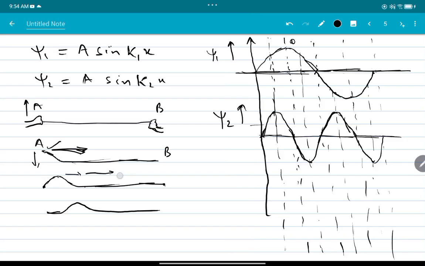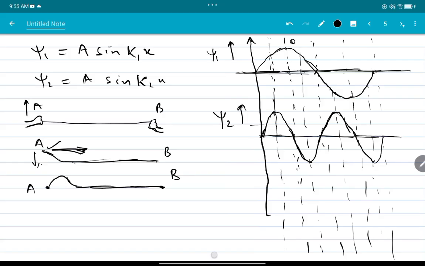Meanwhile, as the crust travels this way, when A is back at its position here and the crust is like this, B asks A to hold his hand.